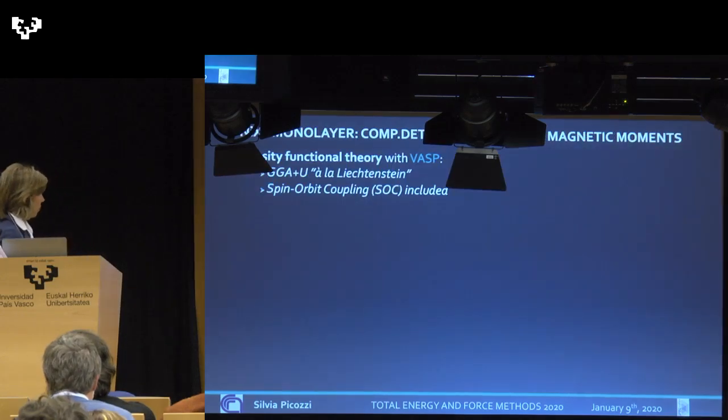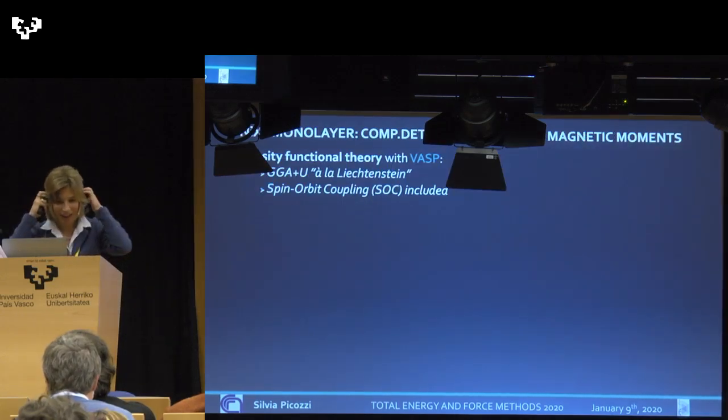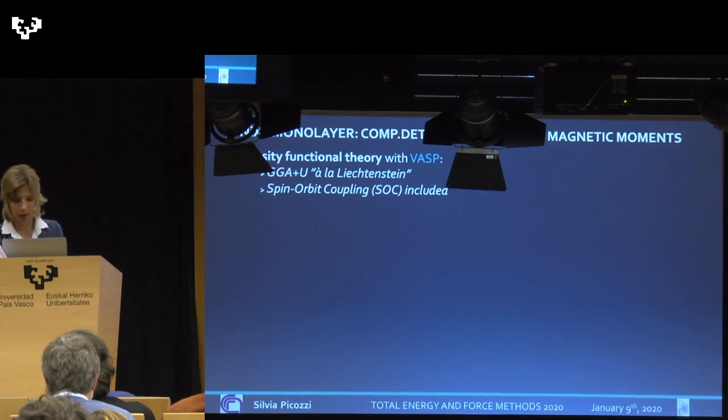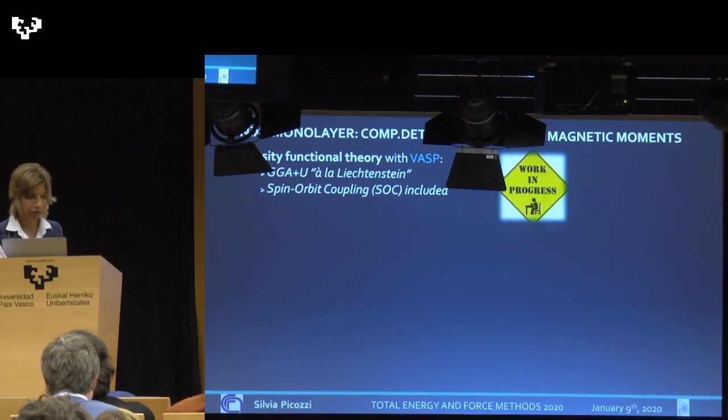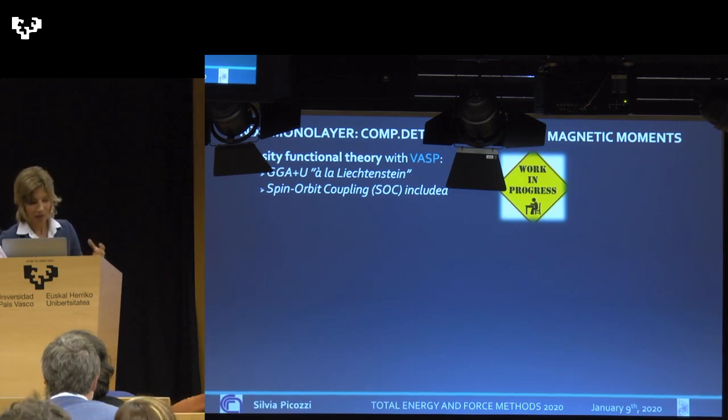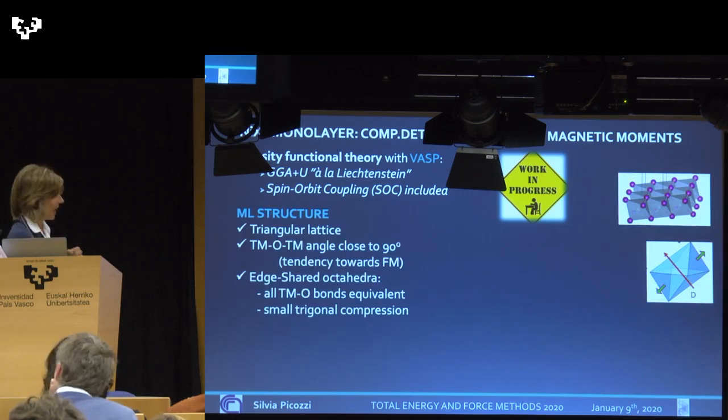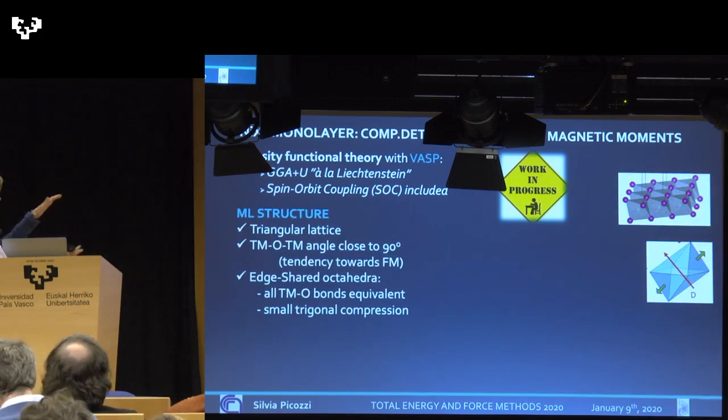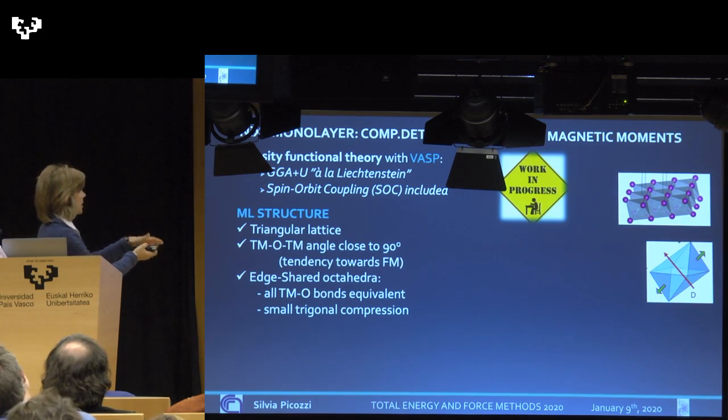We do simple, standard VASP calculations with U and spin-orbit coupling, of course. It's a work in progress, especially because we have results, but not all of them are completely understood.